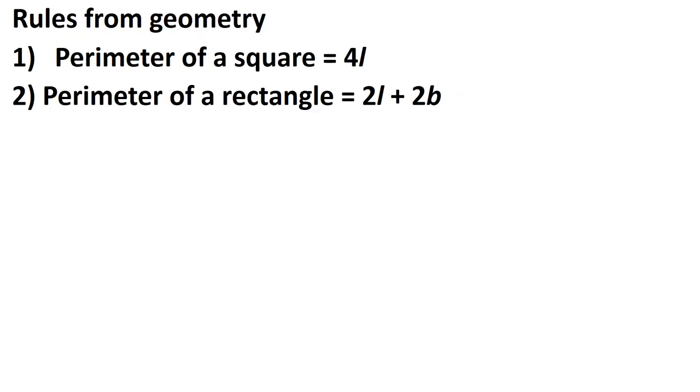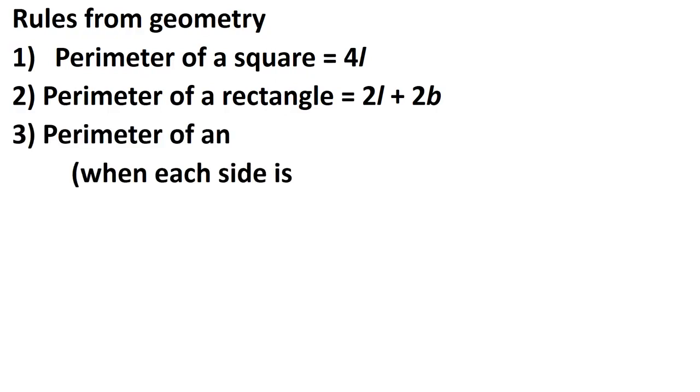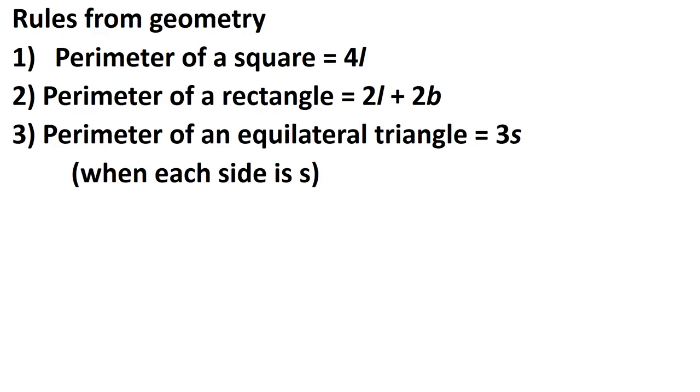Perimeter of a rectangle is 2L plus 2B. L is the length and B is the breadth. So L can be any number and B can be any number. Perimeter of an equilateral triangle is 3S when each side is S centimeter.